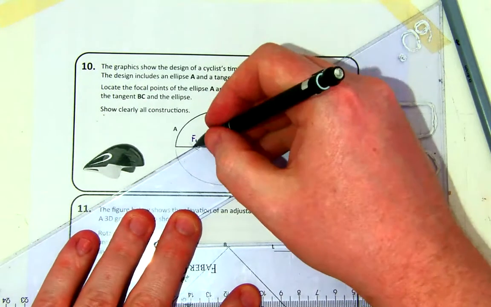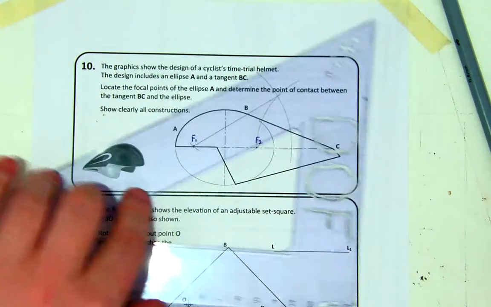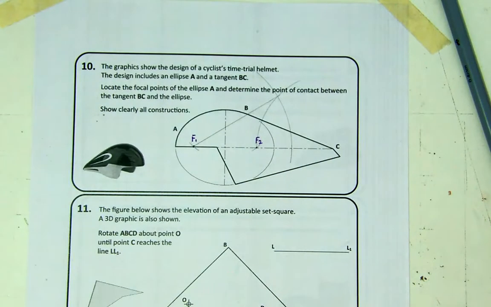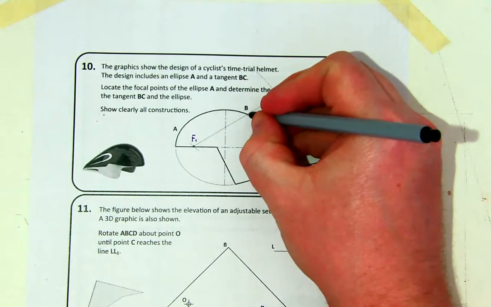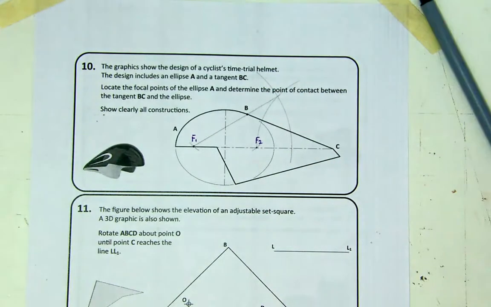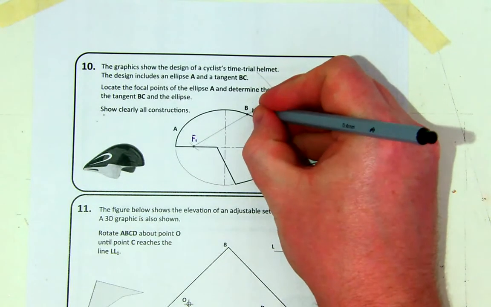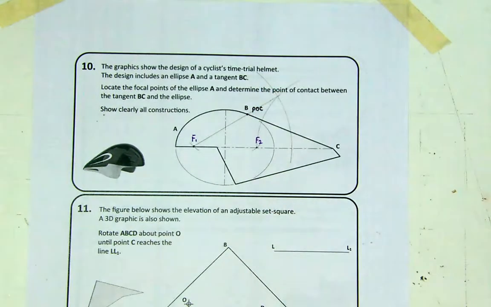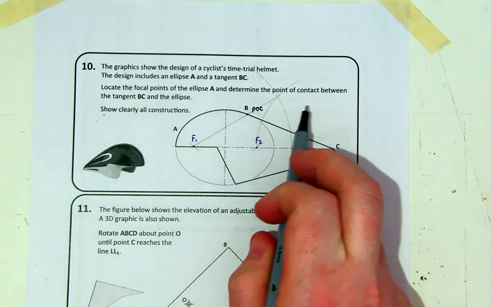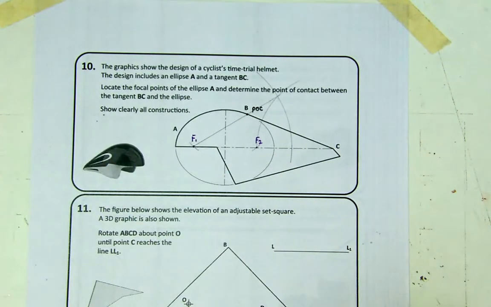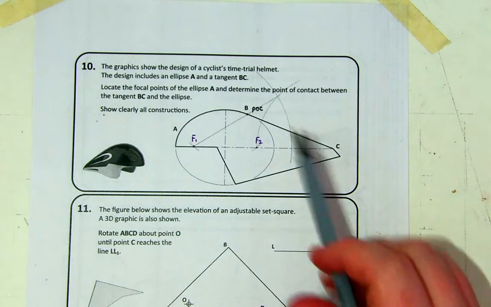Awkward enough now, lads, and you just have to know it, so you'll have to do it a few more times. We've done it on the ellipses already, but where that crosses through the ellipse, that is my point of contact, and I label it POC. There, done.